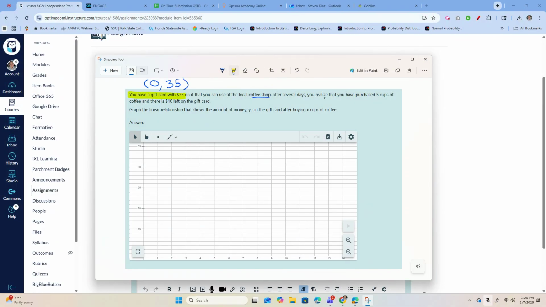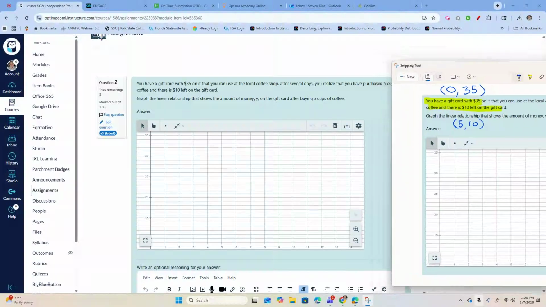And then if you keep reading, you realize that you have purchased 5 cups of coffee and there's $10 left in the gift card. That's your second point. So for 5 cups of coffee that you have purchased, you still have $10 left on the gift card. Okay, so right there, you can see my 2 points.